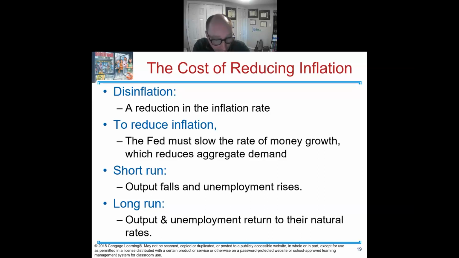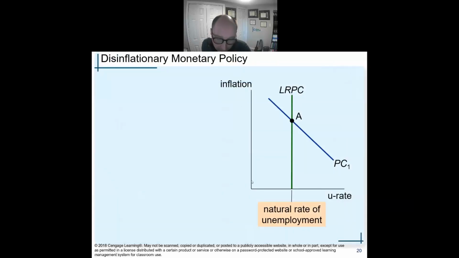In the long run, however, we know, thanks to Friedman, that unemployment will ultimately return to its natural rate. So will output. Output meaning gross domestic product production in the United States.